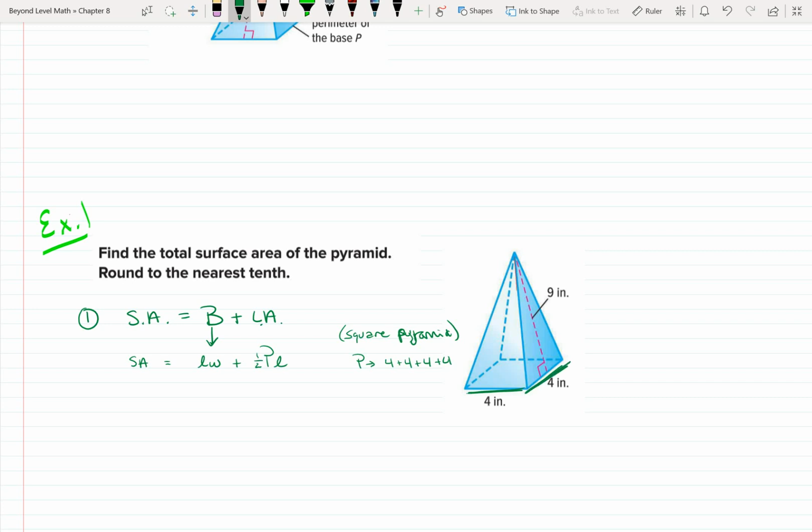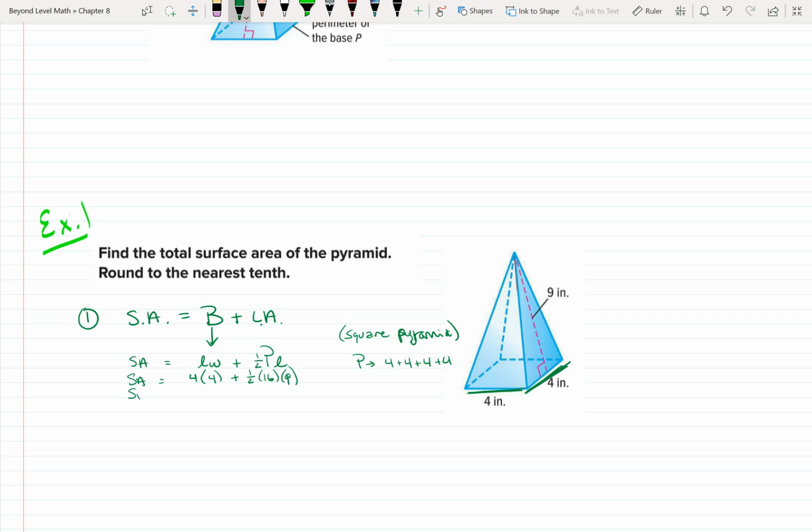So that's what I'll write to the side, so automatically you should know where I got the value of P. All right, so now I'm going to plug in what I know. The length is 4. The width is also 4 because it's a square. Plus 1/2. Now the perimeter, so 4 times 4 gives us 16. The slant height is that 9 inches because that's the height of the lateral face. So the slant height is 9.